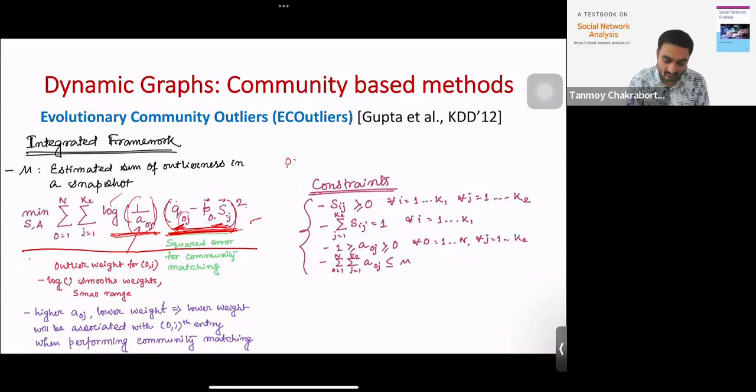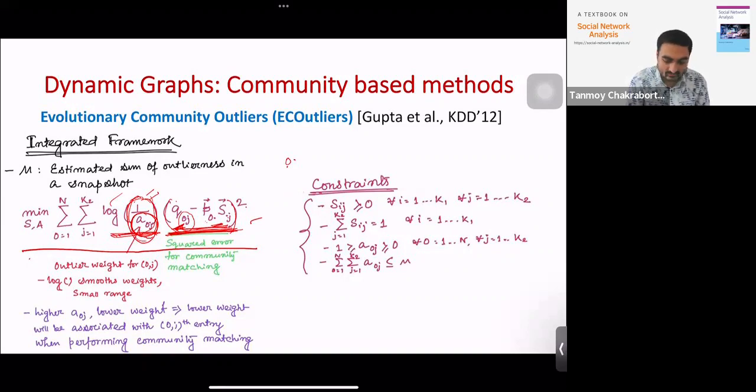We are considering object O and community J. So what I'm saying is that if the outlierness score of a node with respect to J is high, this would be low. And if this is low, you have less weightage for this object too, right?